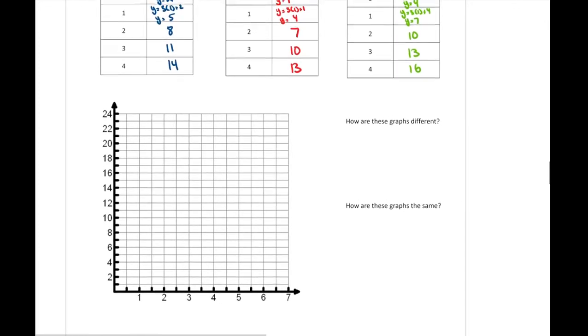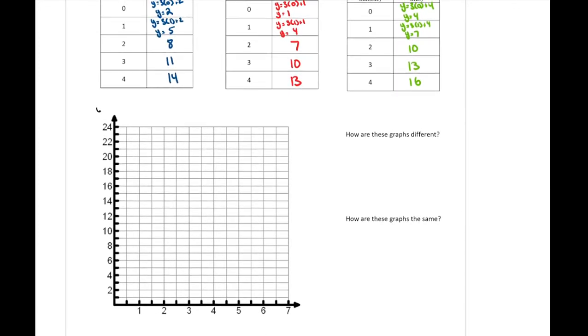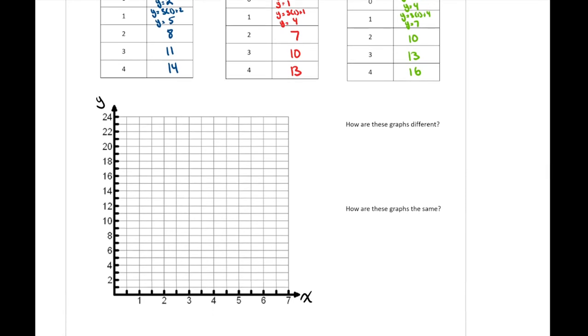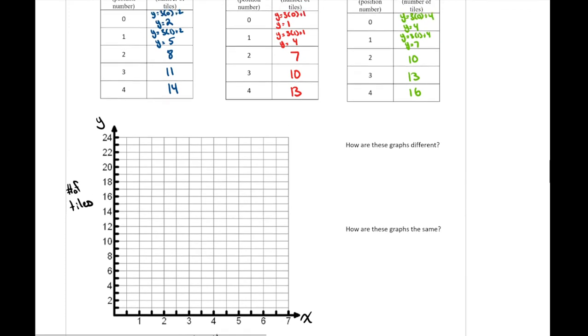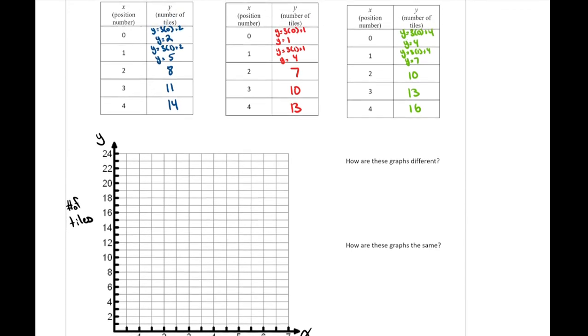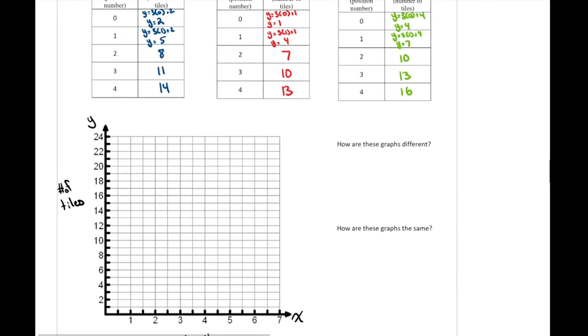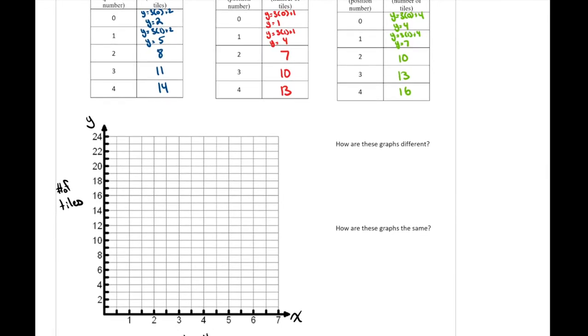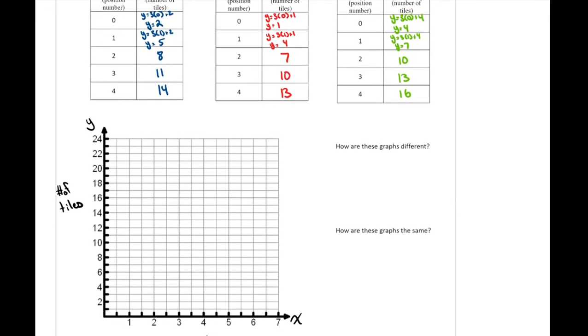So again, we have our X and our Y. Forgot to title the last one, but this would be the position number on the X and number of tiles on the Y. Again, indicated to us in our table. So for the first one, position 0, which is again in this corner, we are at 2.